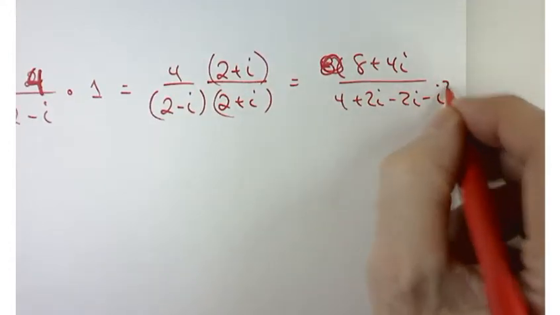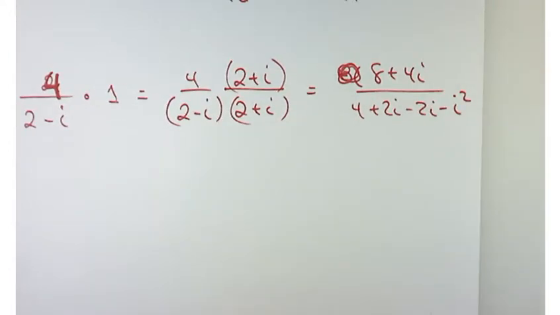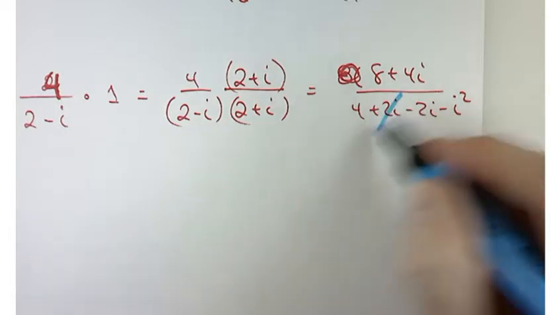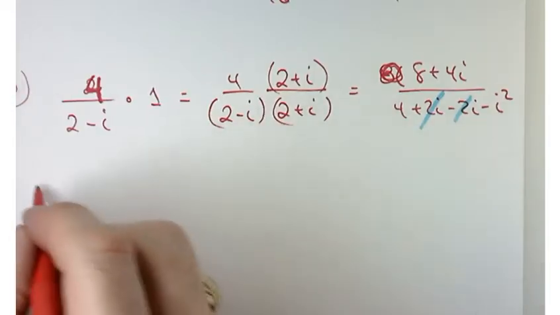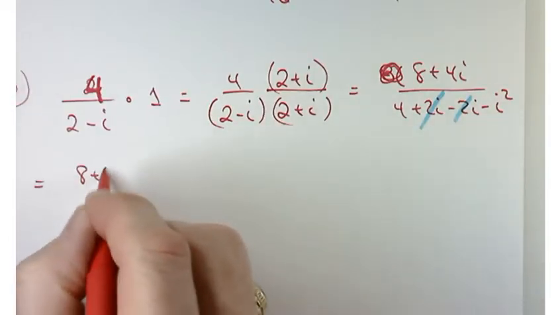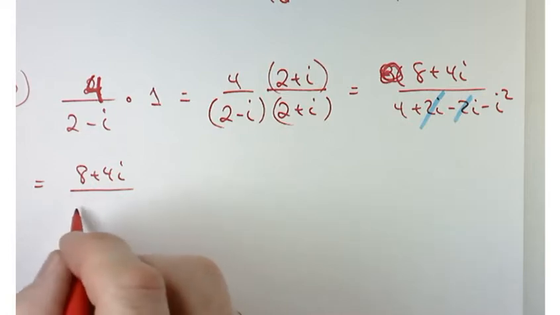Minus i squared. Now the nice thing, and of course it's predictable, is that these two terms here in the middle cancel each other out. That's what's really cool about multiplying by the conjugate. That leaves me with 8 plus 4i over 4.